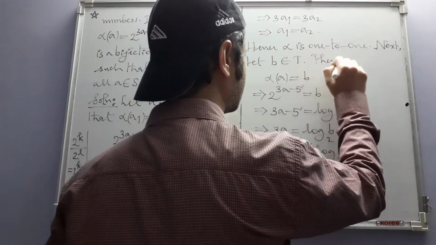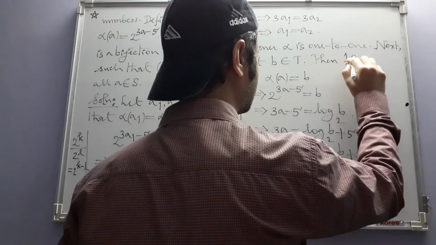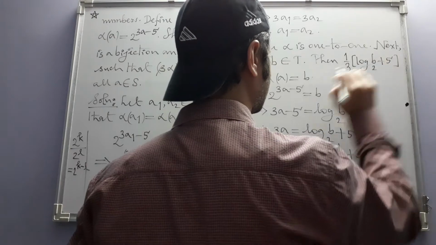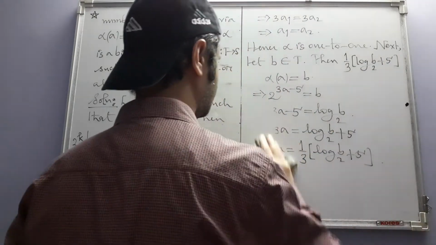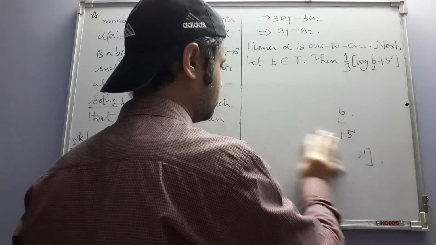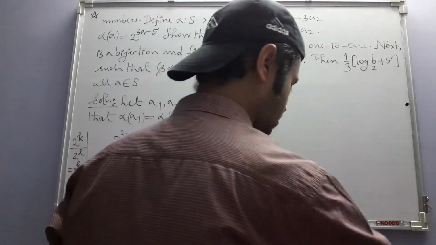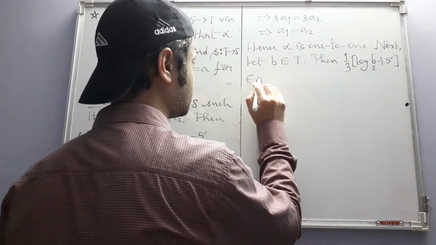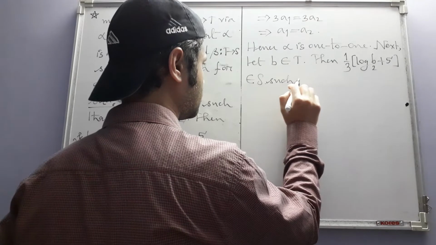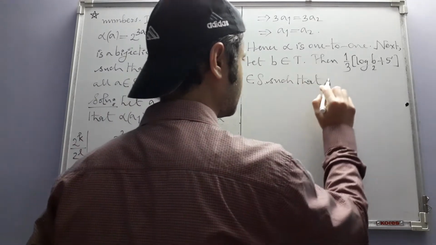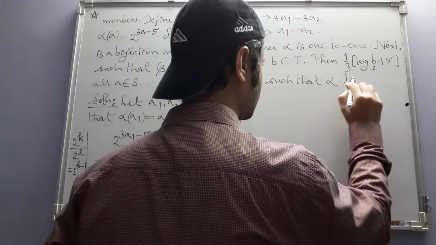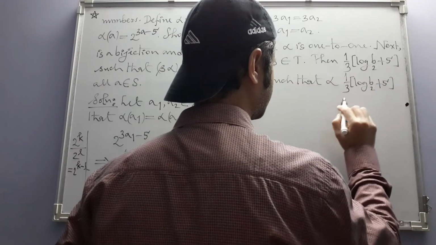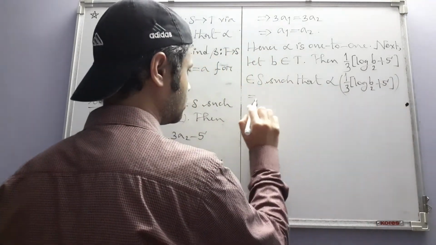Then this belongs to S such that the image of this real number is equal to B.